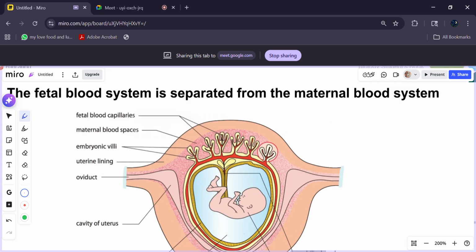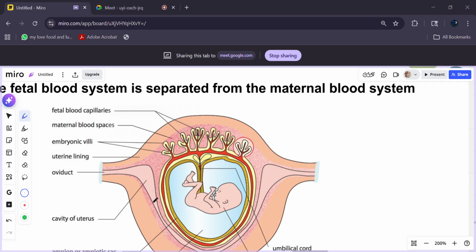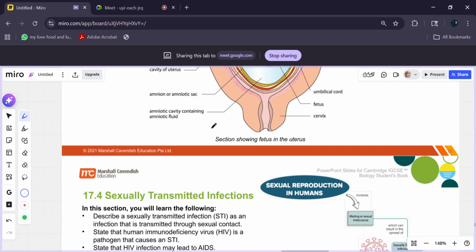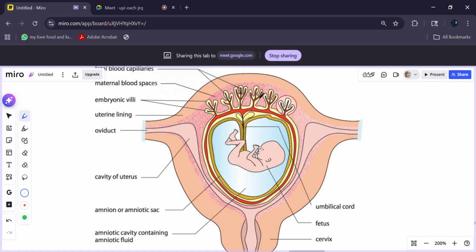So why is the fetal blood system not continuous with the mother's blood system? Well, the two blood systems cannot be continuous because the mother's blood pressure is much higher than the fetus's and would kill the fetus.